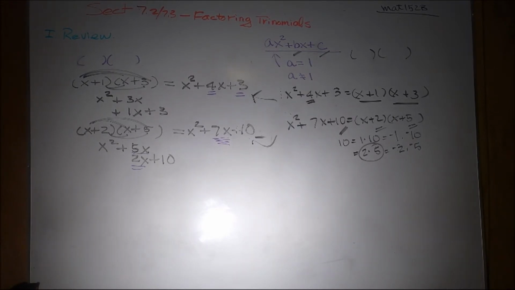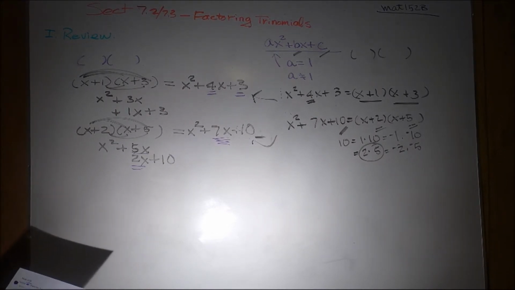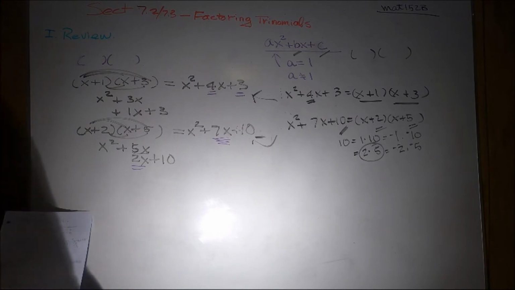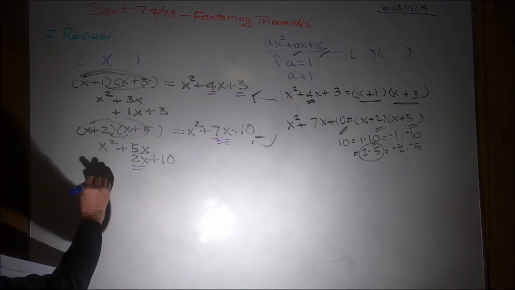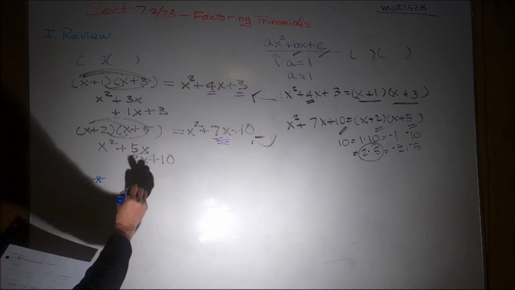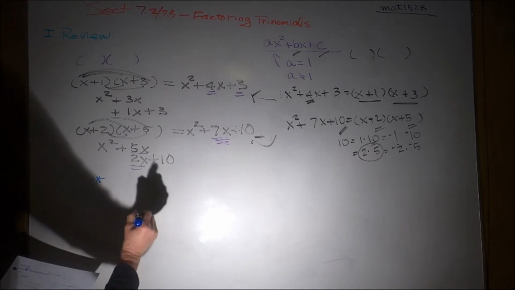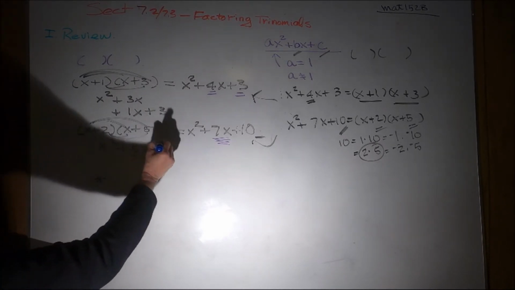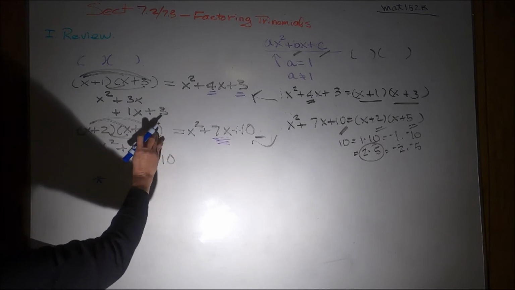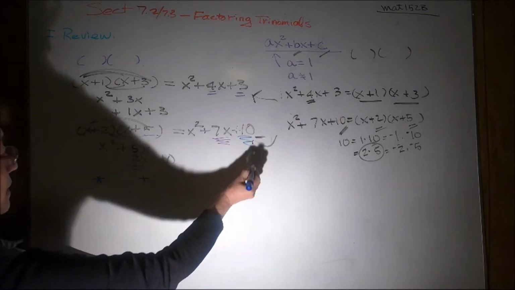So let's find the two numbers which will work for you on the table in the middle part. We want to multiply together and add together. Multiply together is your C, right?